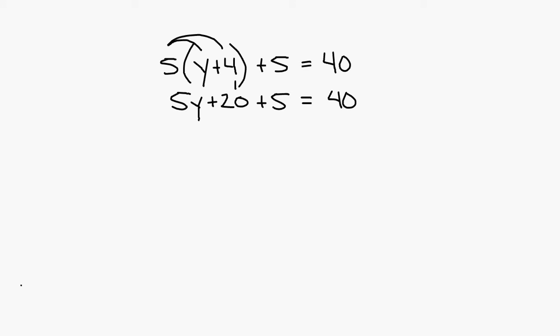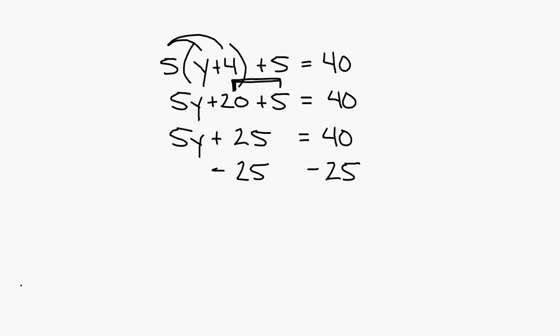And now you combine the 20 and the 5. So you rewrite 5y plus 20 plus 5 is 25 equals 40. Subtract 25 from each side. The 25s cancel out.